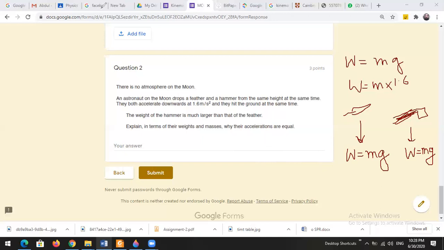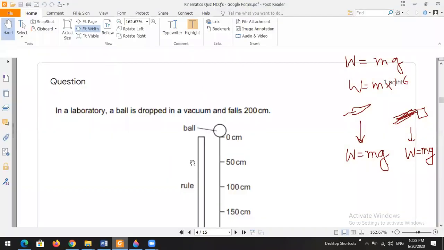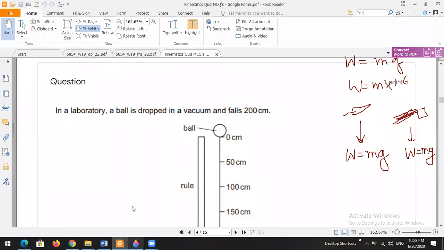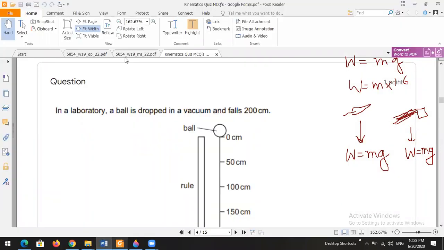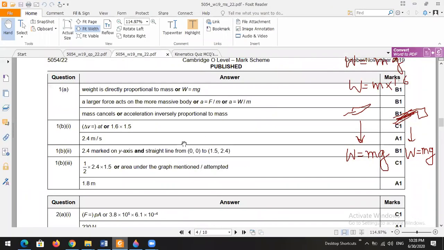Another thing you have to write, I'm showing the marking scheme of this. Weight is directly proportional to mass.